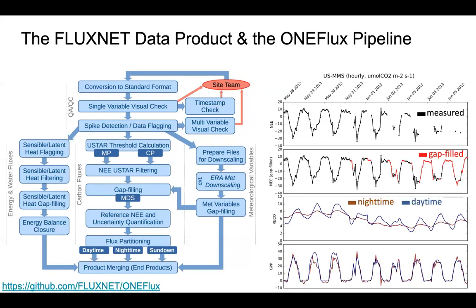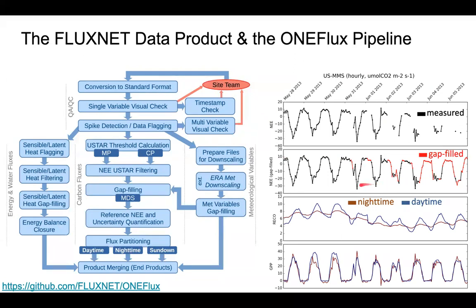And I will mention here the carbon fluxes, and this is just a very short example to highlight what's included here as a product. So starting from the measured NEE at the top, this is the starting point of the processing for the ONEFlux product. Then we have a process for doing gap filling, so basically just adding data to the gaps in the data.